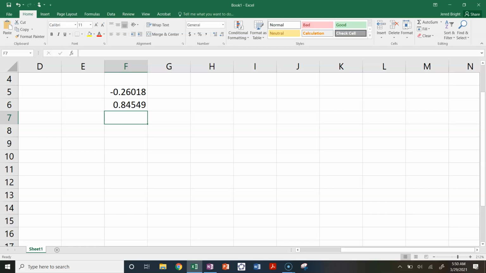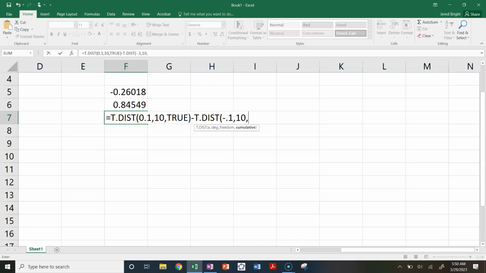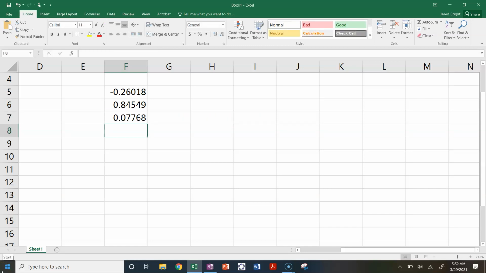And then for the third one, it was t.dist of 0.1, 10, true, minus t.dist of negative 0.1, 10, and true. And there we go.